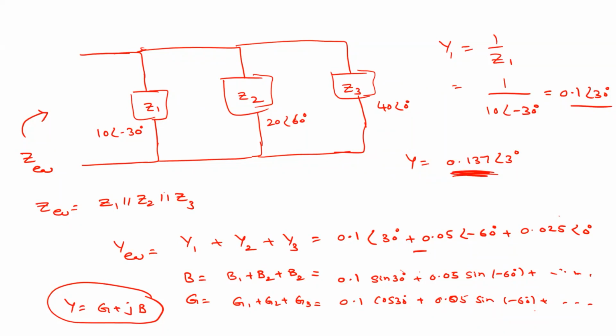G will be 0.137 and B is 0.007, which is almost 0. The real part G is 0.137 and B is 0.007.